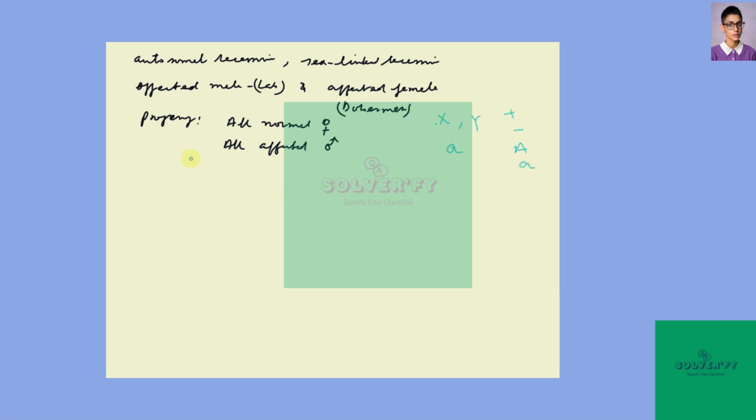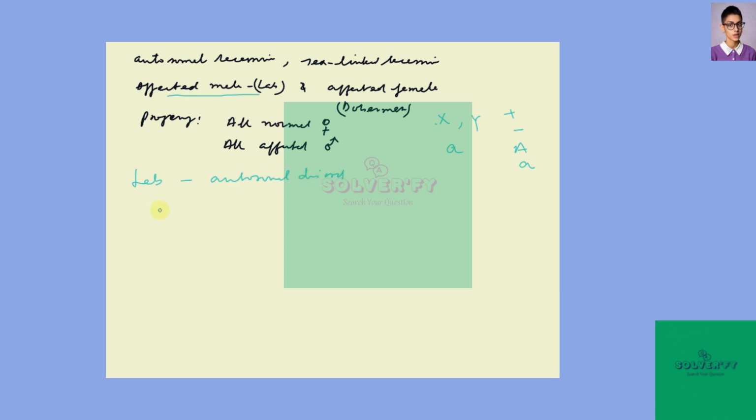So now consider the affected male is supposedly a sex-linked disorder. So in that case, if we consider this as a sex-linked disorder for the lab dog, which is the affected male, then the affected male dog, we will consider it, for example, has an autosomal disorder.